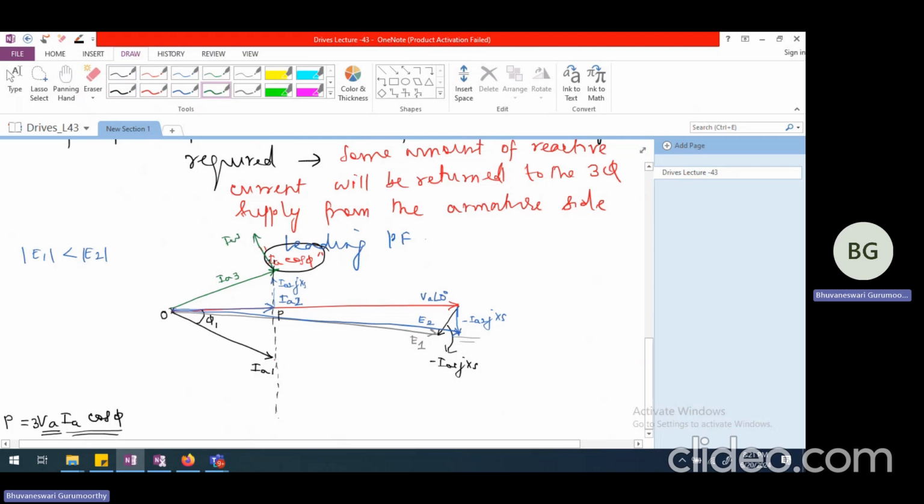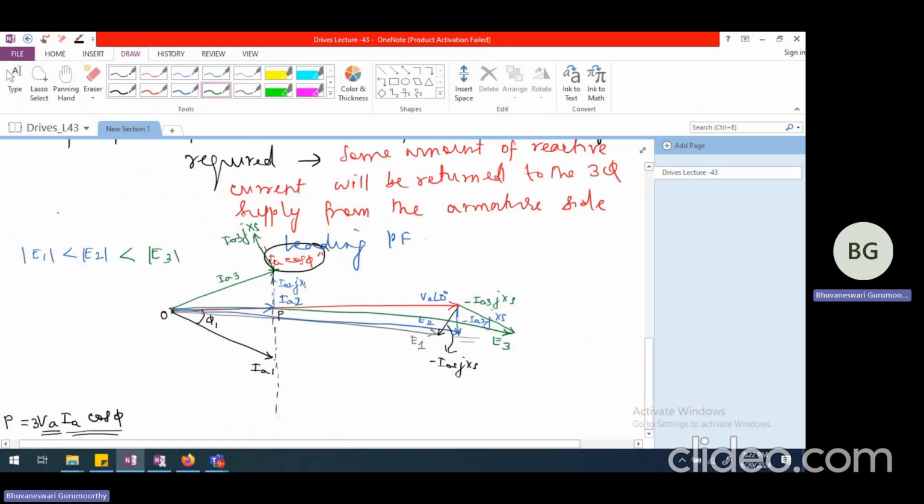When I draw minus IA3 times JXS, it should be somewhat like this. When I add this to VA angle 0, I'm going to have the excitation voltage somewhat like this. This is going to be E3, and you can see that E3 is even longer than E2.